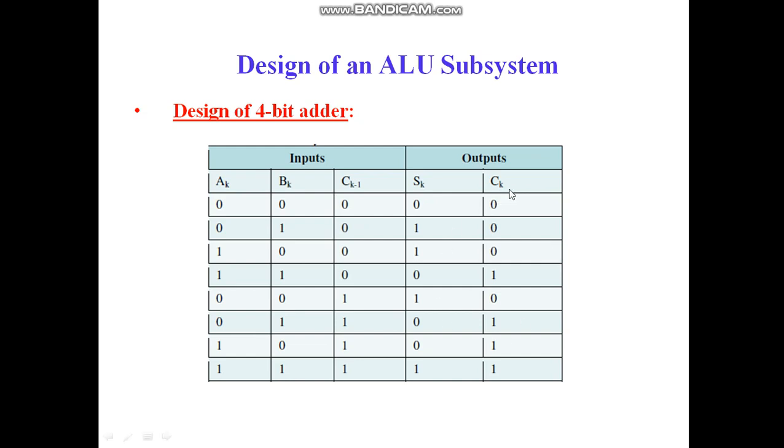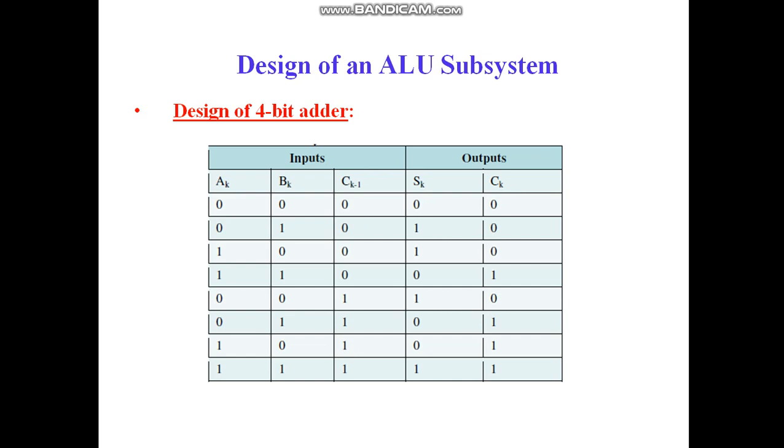Let us try to find the relation between the inputs and the other output, that is CK. When AK is 0, BK is 0, CK is 0. When AK is 1, BK is 1, CK is 1, CK minus 1 is 0. So here we don't find any relation between CK and CK minus 1. Let us look into the other two combinations. When AK is 0, BK is 0, CK is 0. And when AK is 1, BK is 1, CK is 1.